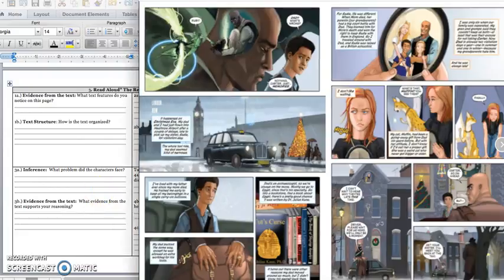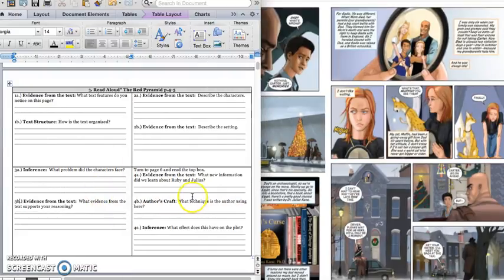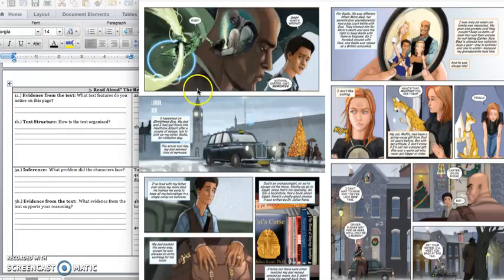And then box 4 asks us to turn to page 6 and look in this top box, and wants to know what new information did we learn about Ruby and Julius. And so in this box is where we learned that Ruby actually died.